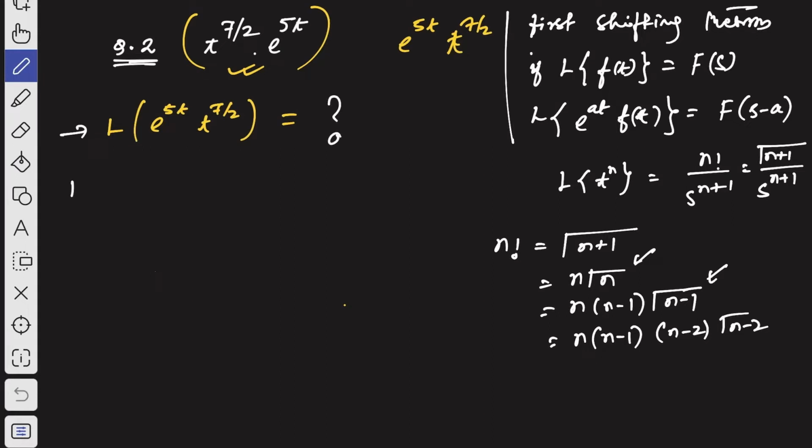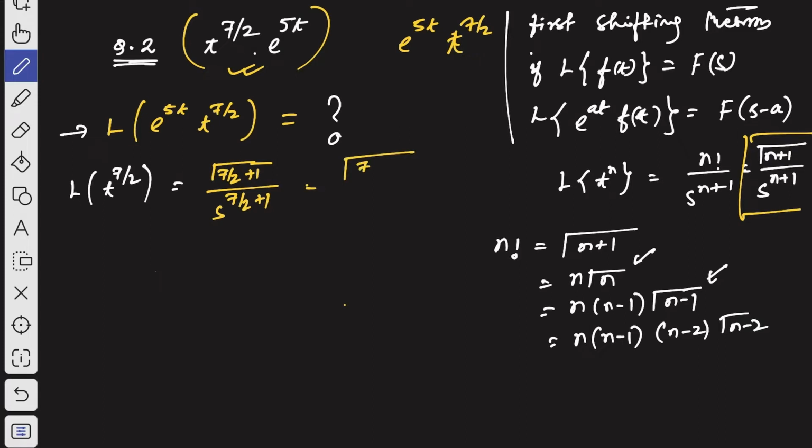First we find the Laplace transformation of t to the power 7 by 2, which, according to this formula, is gamma function of 7 by 2 plus 1 by s to the power 7 by 2 plus 1, or you can write gamma function of 7 by 2 plus 1 by s to the power 9 by 2, right?